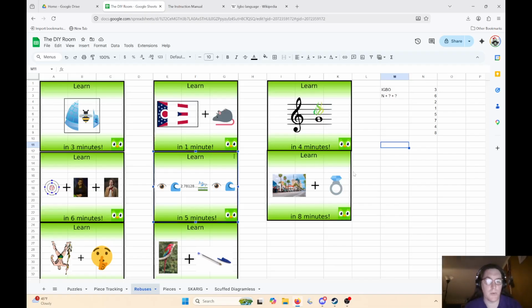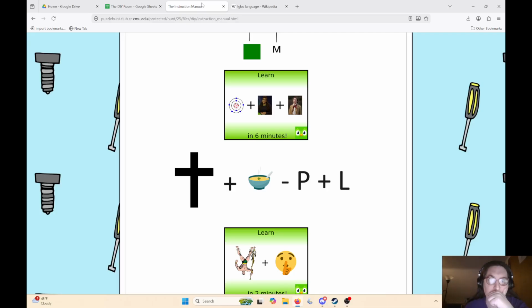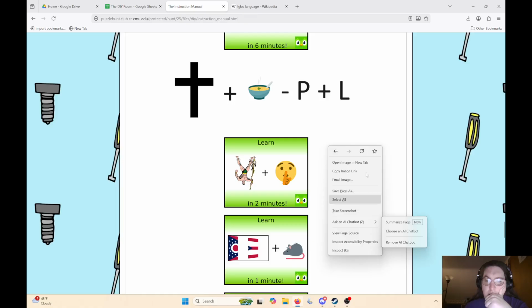Icelandic is this one. That's 5. Interesting. Parrot pen. Macaw pen.